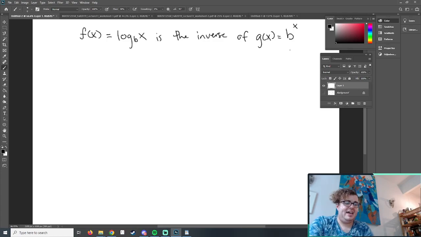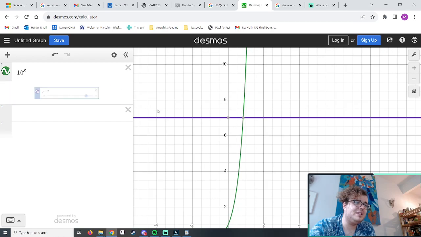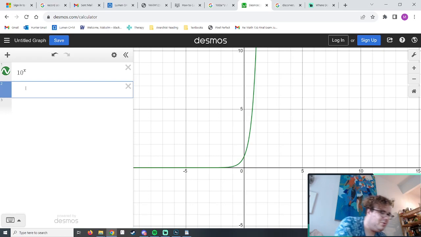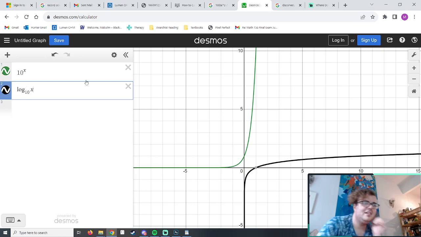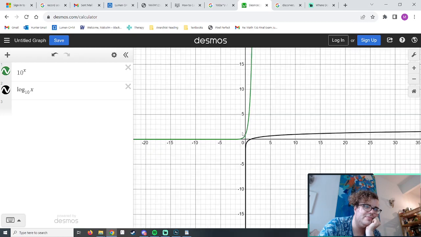What they mean by that is this. An inverse function reverses x and y, right? It switches inputs with outputs, and if you compose them together, they cancel, right? And so if I were to go here, I have my beautiful 10 to the x here, which is an exponential. If I now want to graph log base 10 of x, notice that these graphs have this beautiful symmetry to them.